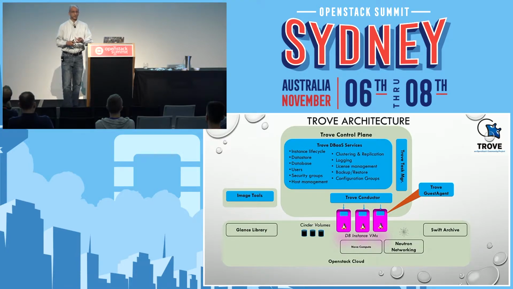To give you a real simple example, if you want to deploy a large MySQL instance with a 100 gigabyte volume, then Trove orchestrates all the things that are necessary to accomplish that goal, which is go to Nova, spin up that large flavor, boot a MySQL image from Glance, allocate the necessary storage from Cinder, and then the necessary networking from Neutron, and spin up that instance, and the instance is live, and then you can just connect to the database.